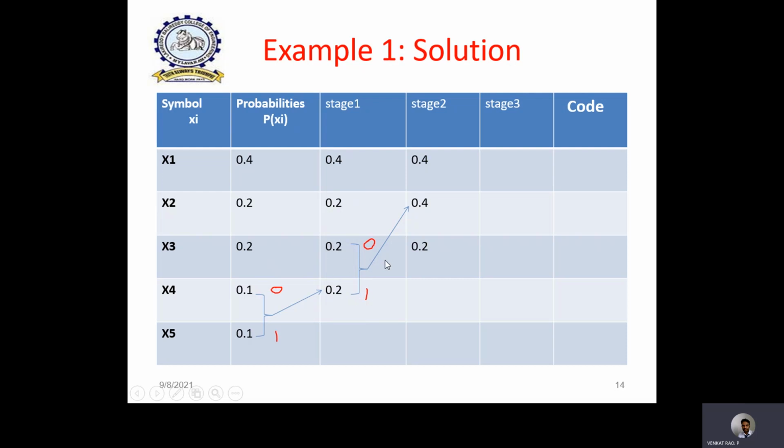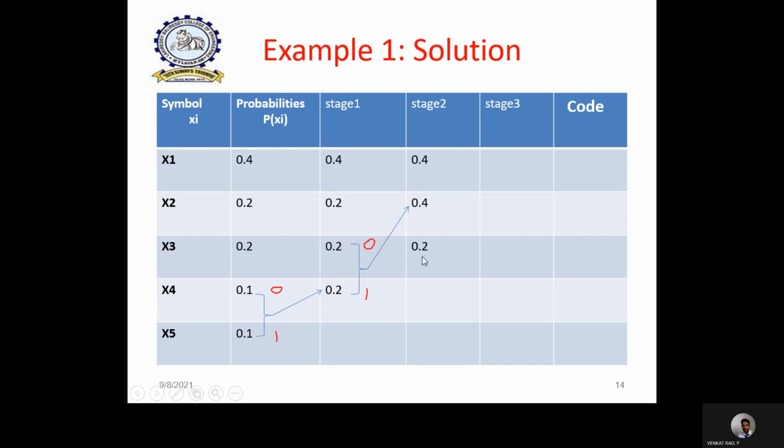Means total how many probabilities are there? 0.4, 0.2 and 0.4. That means only 3 probabilities are there. Again we need to arrange these probabilities in the decreasing order. Decreasing order means highest value first, next highest will be second, next highest will be not 0.4, not 0.2, that is 0.4 only, because we already added these two. The sum will be 0.4, and then only this 0.2 value will come here.